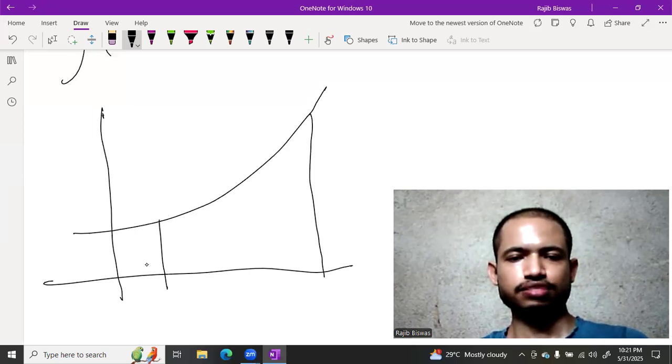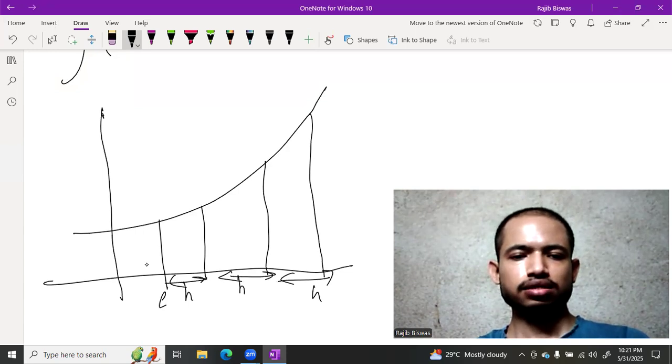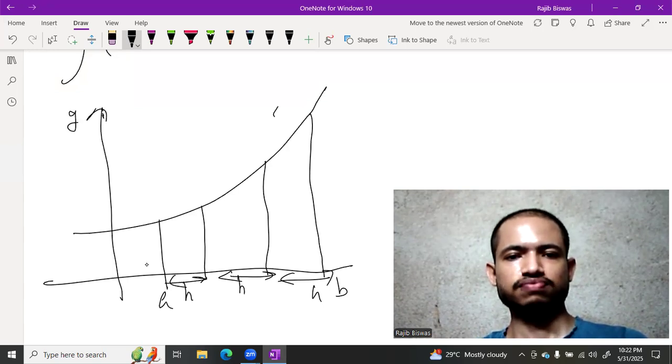So let there be 3 rectangles of equal width h. All are h, from the same interval a to b, and this function is y equals f(x).